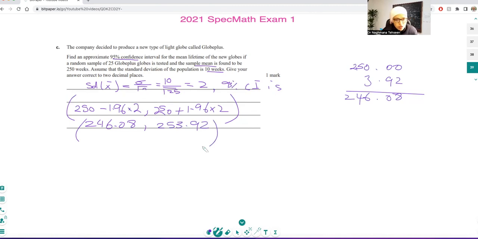So that is the 95% confidence interval, and give your answer to 2 decimal places. Just make sure you answer that correctly in there.